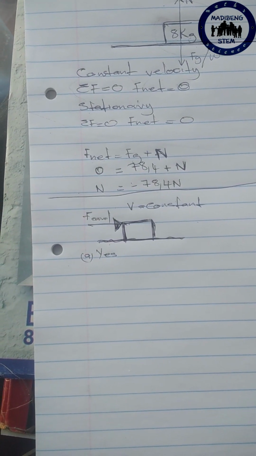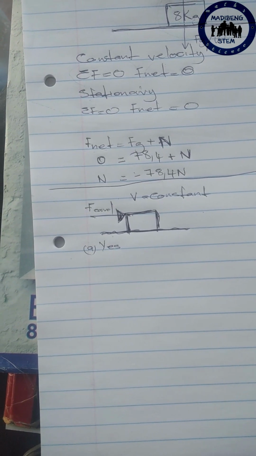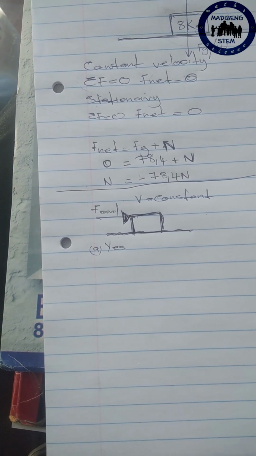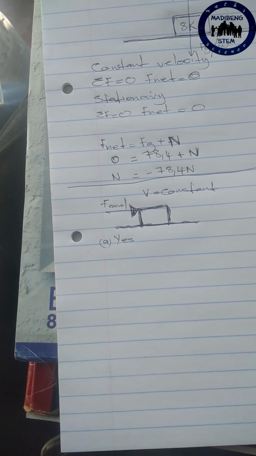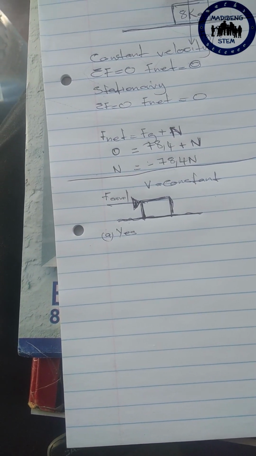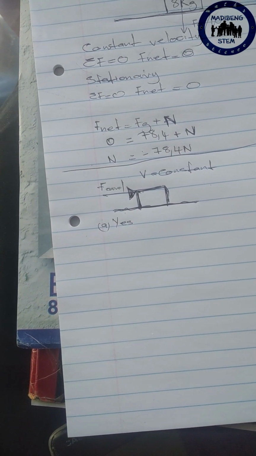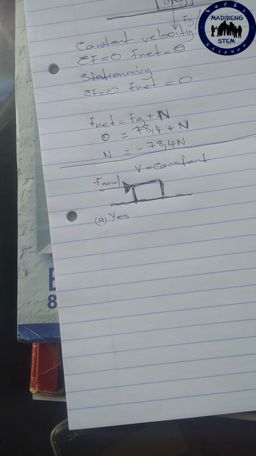The next question says, state whether each mathematical statement is true or false for this situation. The sum of the forces is equal to 0. The sum of the forces is not equal to 0. The sum of the vertical forces is equal to 0, and the sum of the horizontal forces is equal to 0.